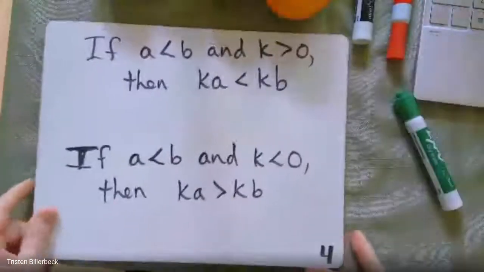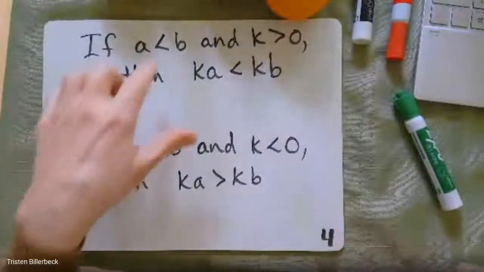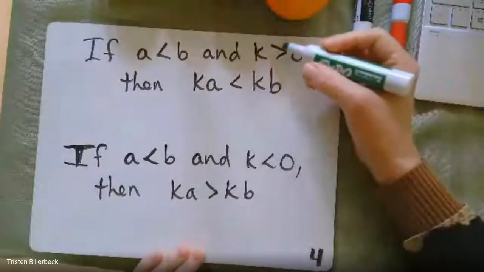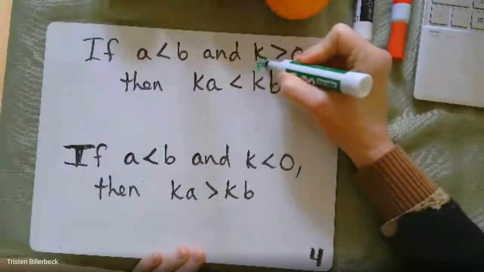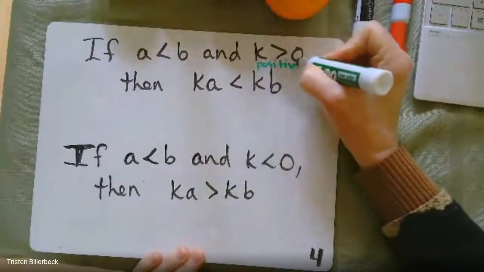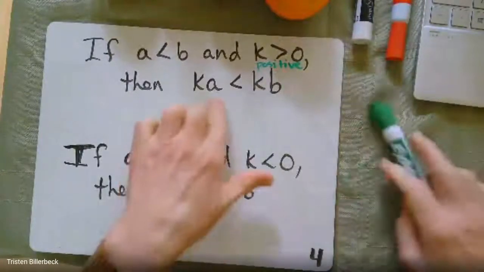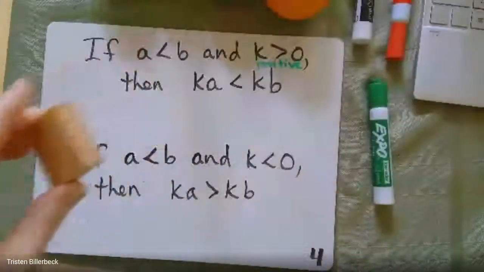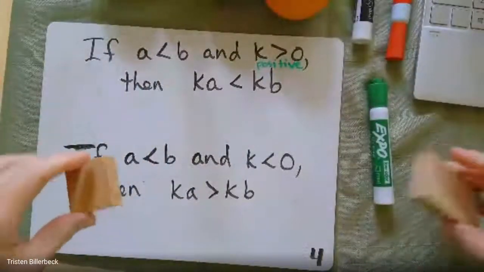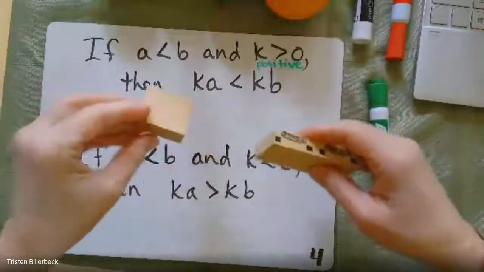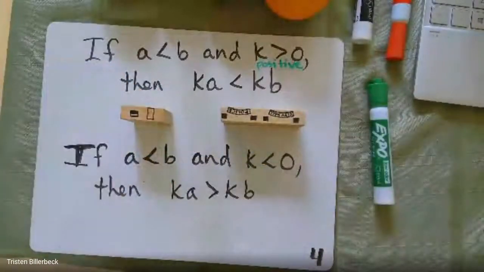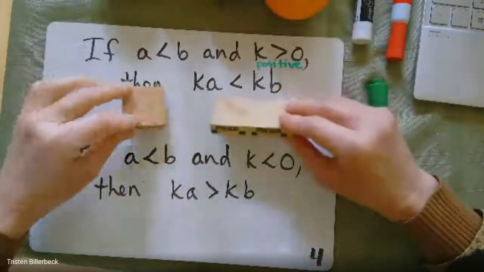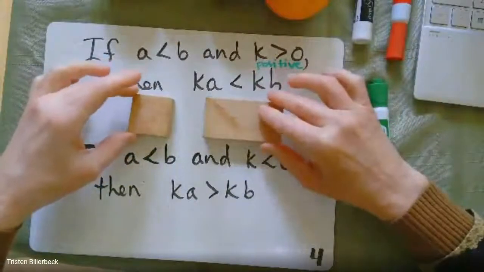All right, then we have, if A is less than B and K is greater than 0, which means it's positive, then K times A is going to be less than K times B. So this little block is less than this little block.